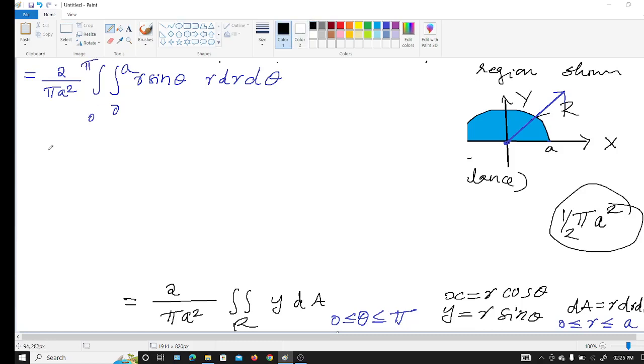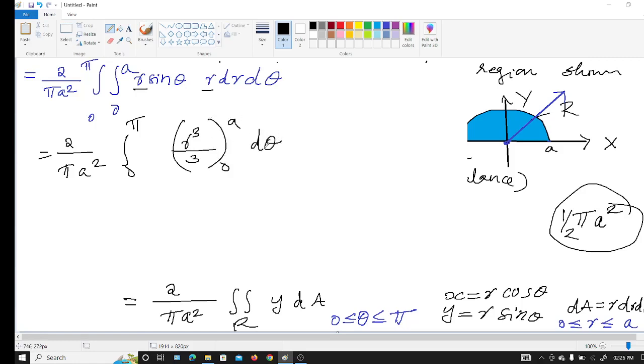Now there remains the integration only. So this is equal to 2 by pi a square. Then first we can integrate with respect to r. Here r, here also r, so r square. Now integral r square means r cube by 3, from 0 to a.